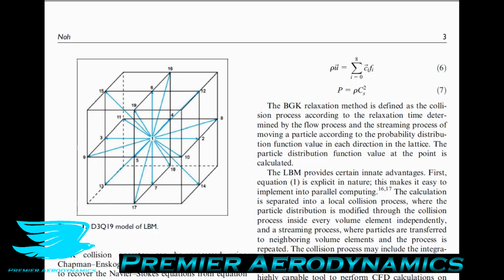So what this means is that the point in question has information coming from 18 different points around it into it, and then the collision equations have these points moving however they should be afterwards. And if you have a D2Q9 method, it means that there's only 8 other points that are connected to the central point. So that's what this D3Q19 means.